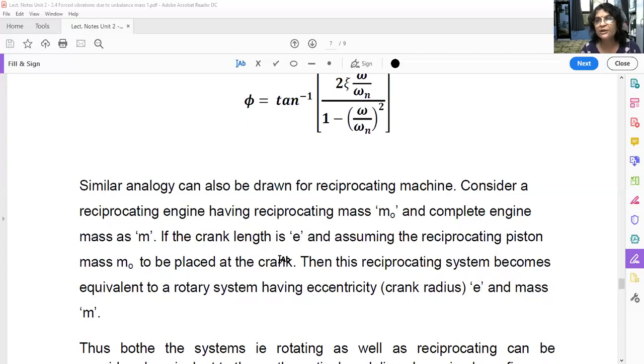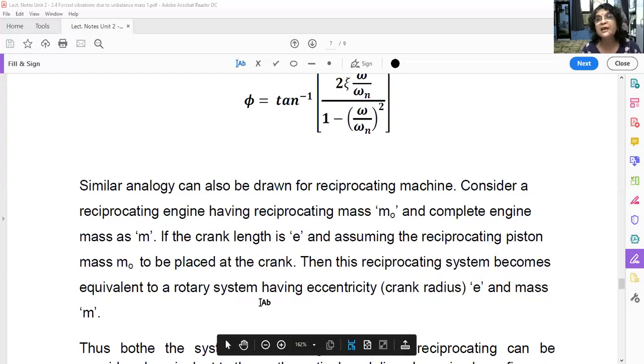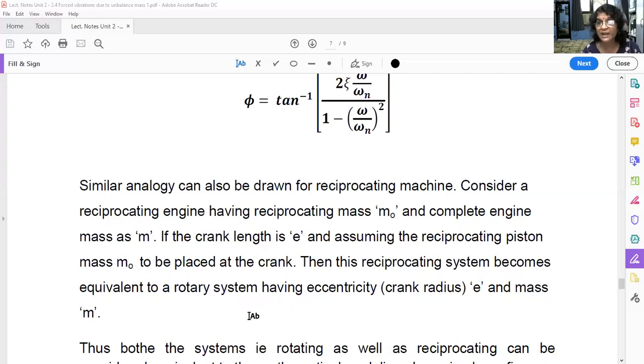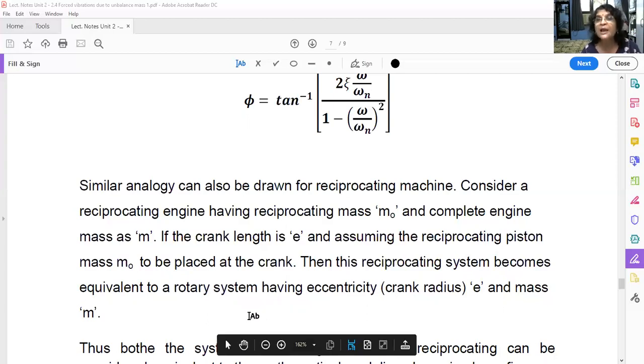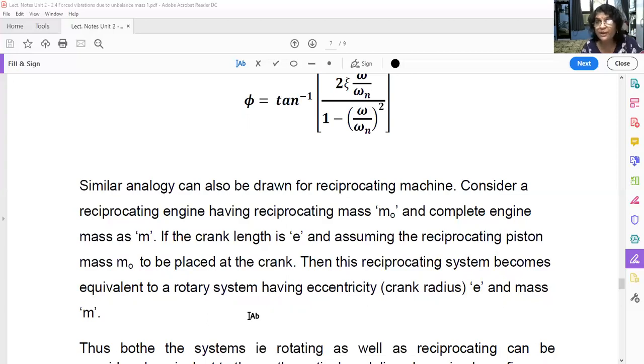The title of unit number 4 is balancing of the system. There you are going to study in detail how to remove the unbalanced force due to rotating mass and the unbalanced force due to reciprocating mass, because those are basically present in the system. So both the cases we are going to study in detail regarding the unbalanced forces.